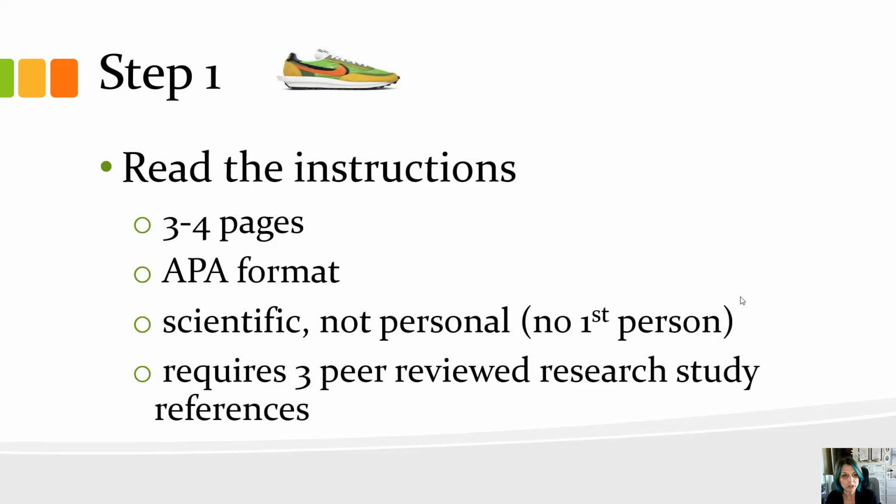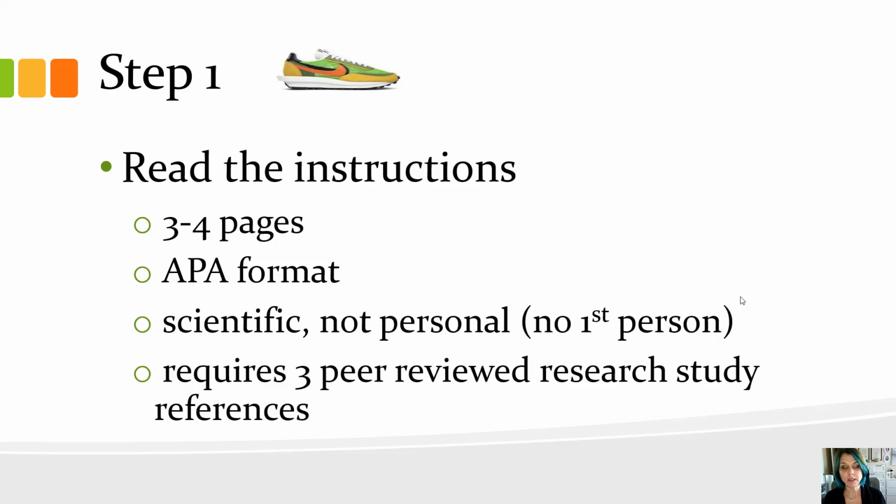Please read the instructions. But as a summary, you will need to write a paper about 3 to 4 pages long. It has to have an APA format with regards to how you use in-text citations.